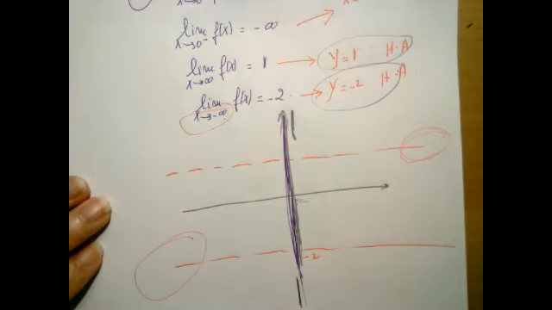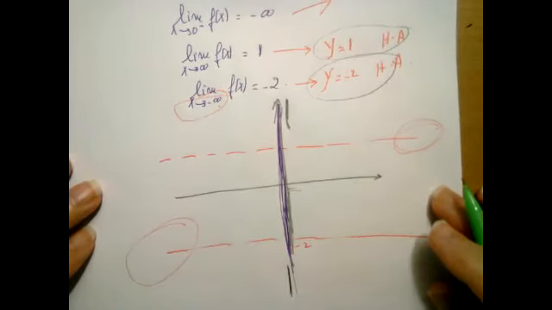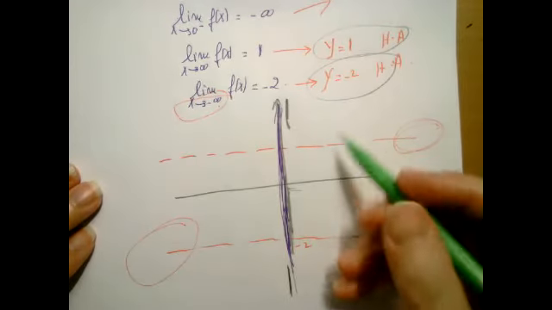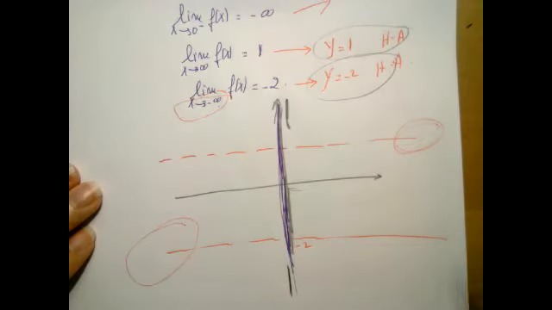Do we have a graph now? Okay, would anybody like to say it in words so we can get more things done? You're going to take where the vertical asymptote is at 0.